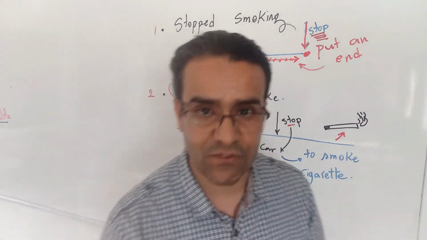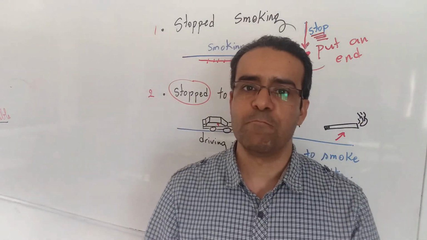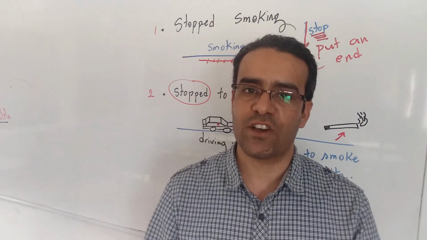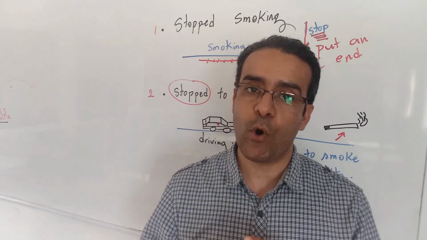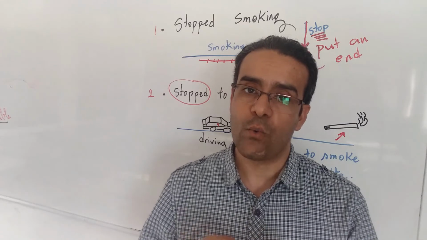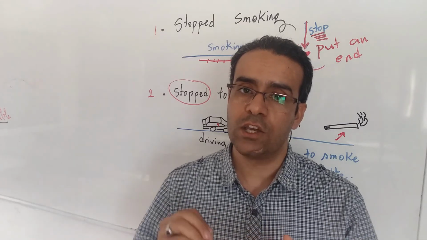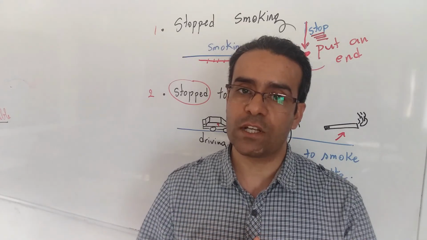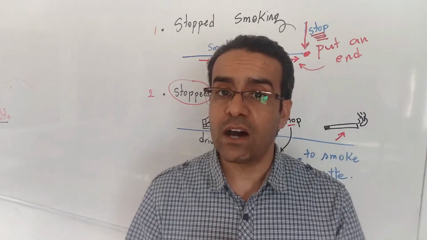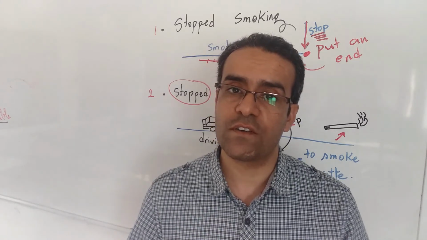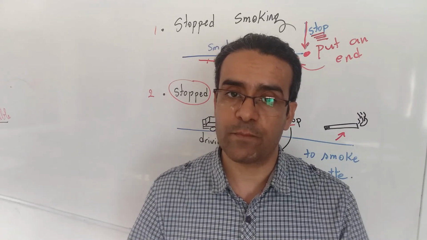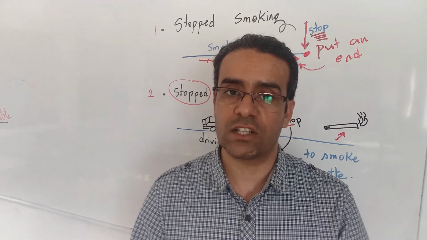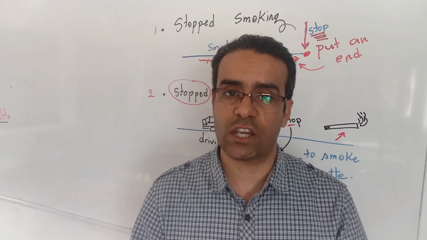And it, of course, has a hugely different meaning from I stopped smoking. So here you see the importance of learning when and when not to use gerund or infinitive. Now we're going to move to the exercise. So get ready, grab a pen and paper, and let's have a look at the exercise to check your understanding.